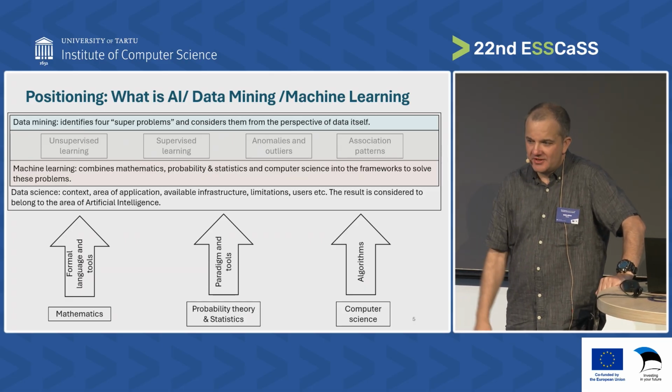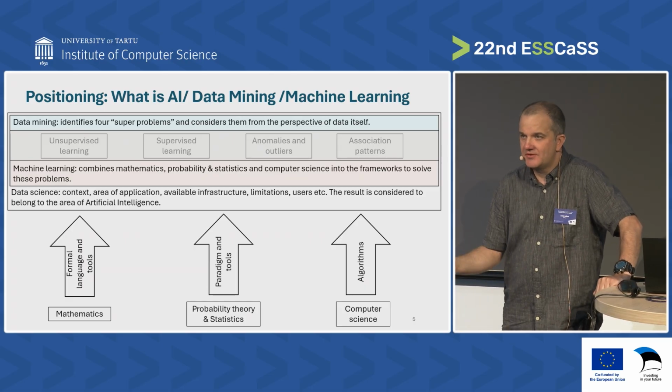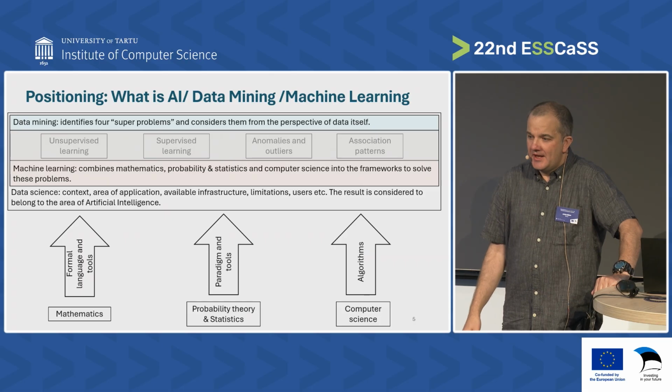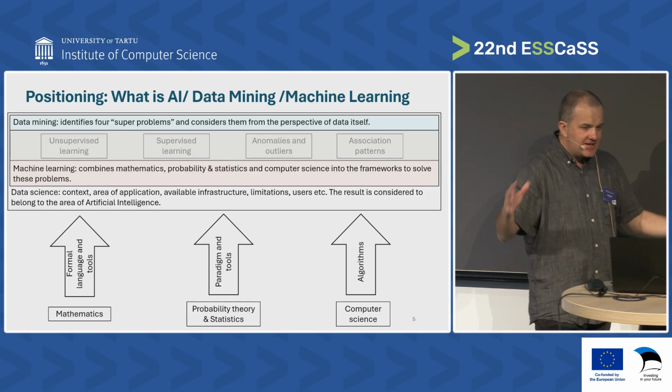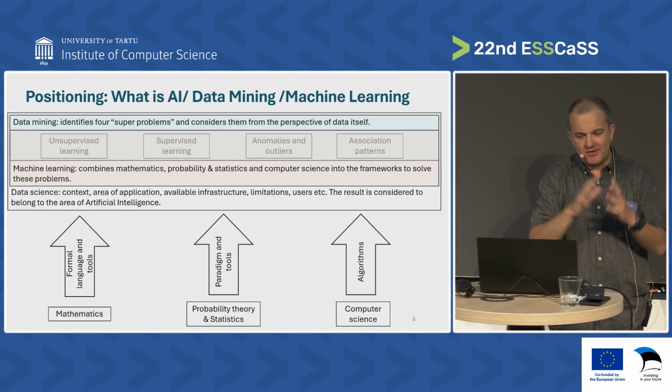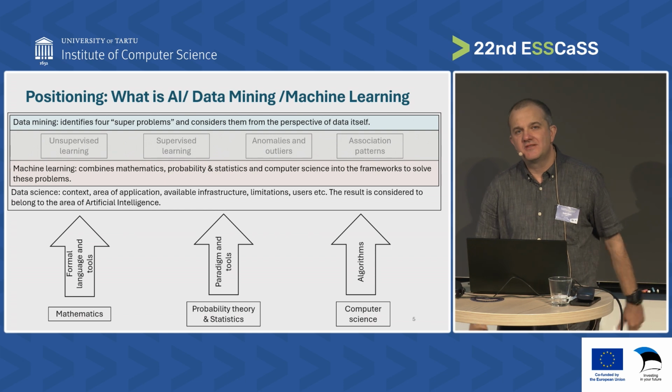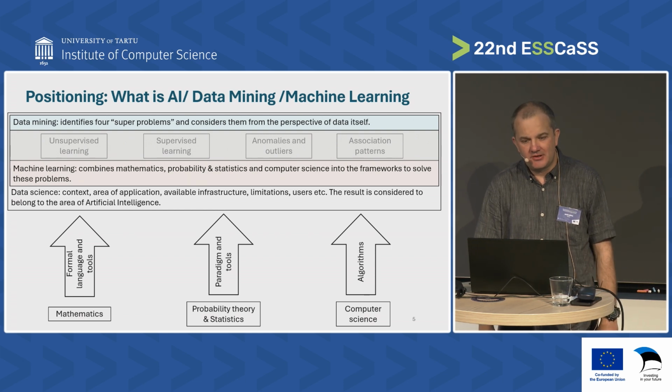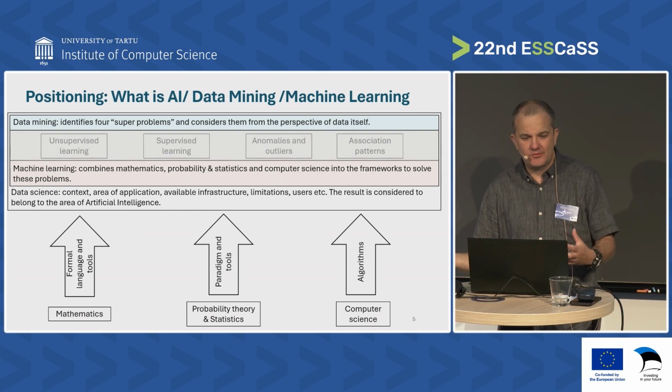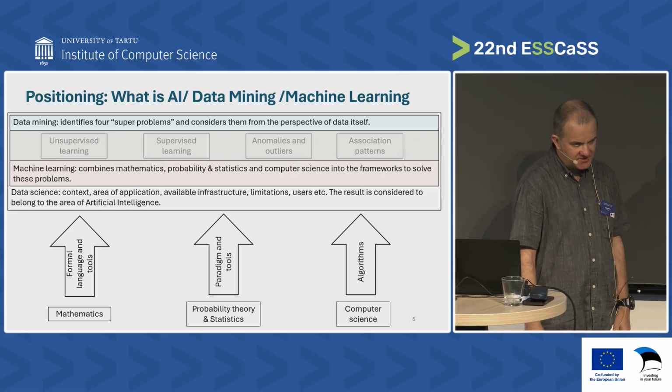After all, our users are maybe humans, and this also brings some constraints. And in many cases, when we pack all this together, the result may be considered an artificial intelligence system, or a system which is based on artificial intelligence.